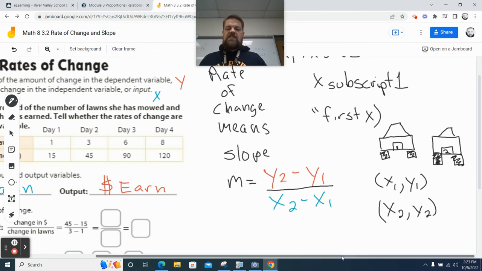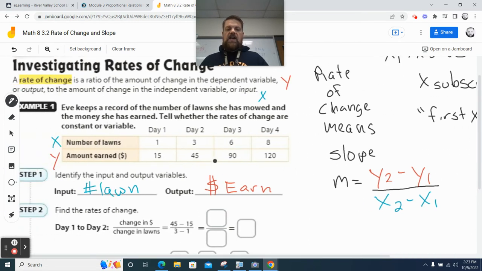So I said all that to point out that in this particular case, when they say 45, that comes from here, which is a y value.